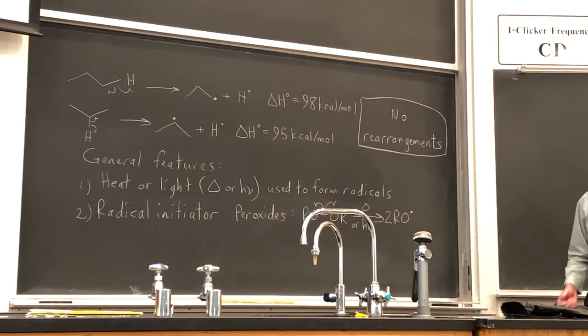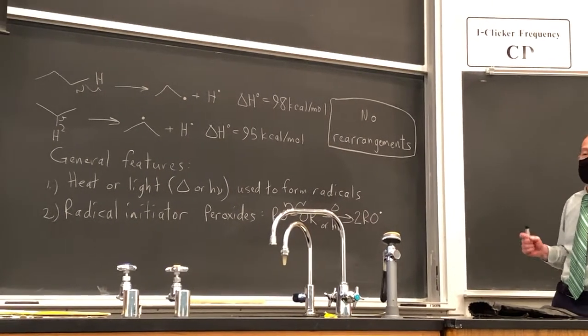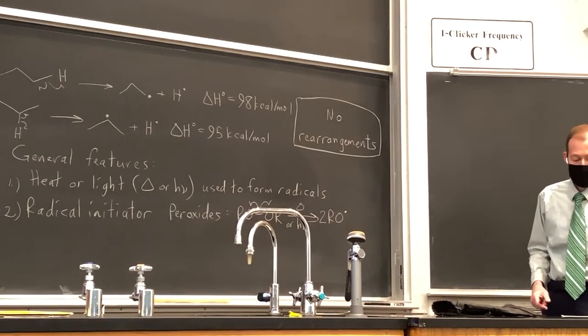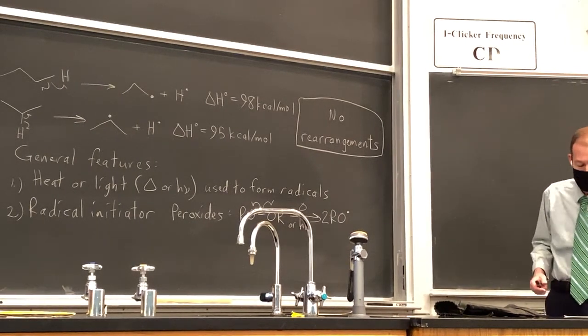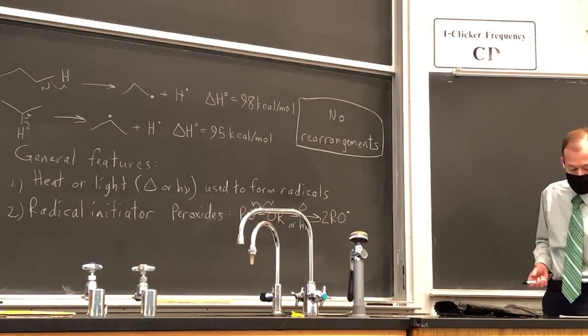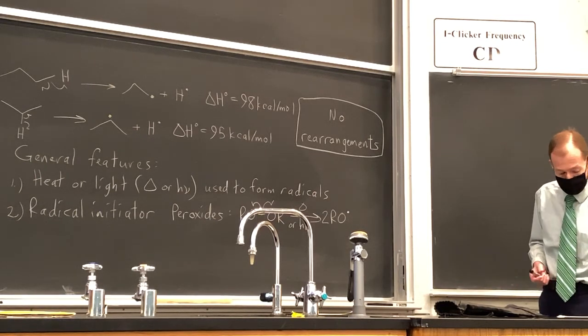Usually we don't balance equations when we're doing radical reactions. But then these oxygen-centered radicals can then go on and do other chemistry. They can react with starting materials and generate the desired radicals from those starting materials. Okay? So these are a couple general features of radical reactions.